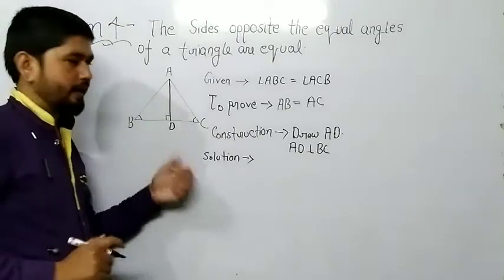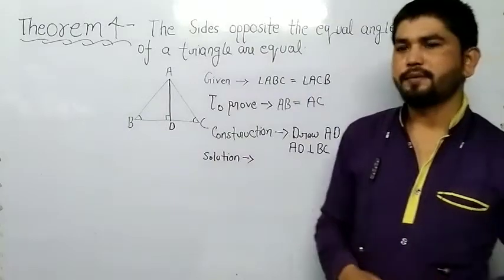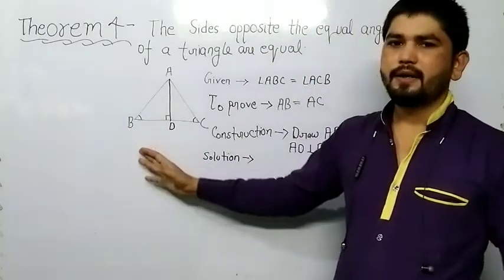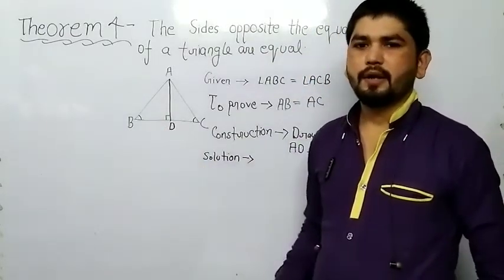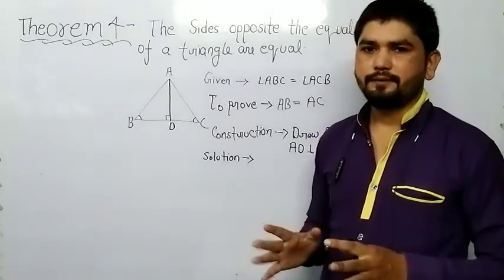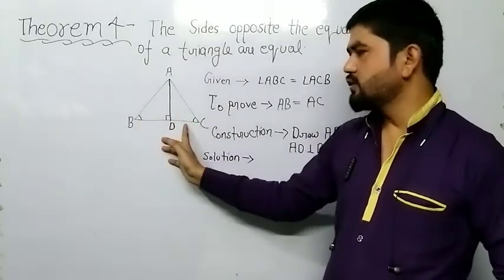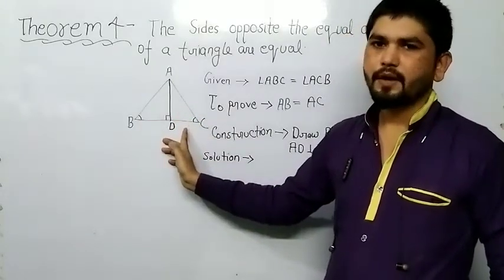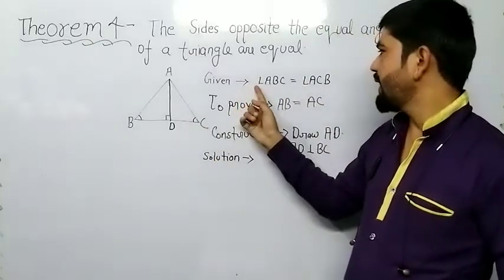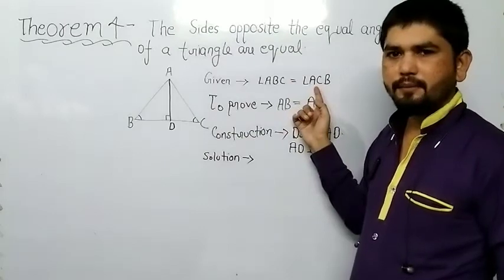Now we have two triangles. I am again explaining the whole procedure. It was given here that opposite angles are equal, and we need to prove here that opposite sides are also equal in a triangle. So first we drew the figure where we mention angle B is equal to angle C. Now we have written angle ABC is equal to angle ACB.